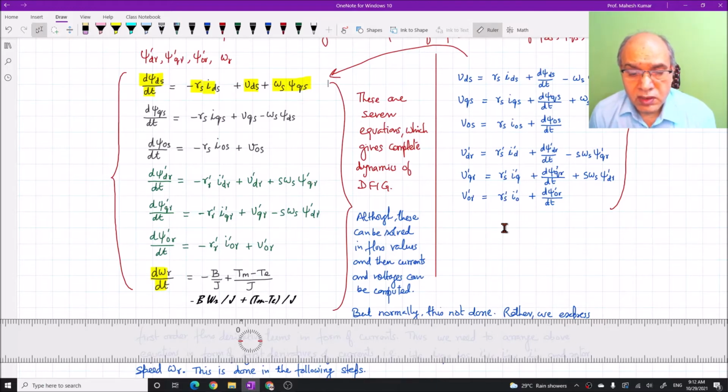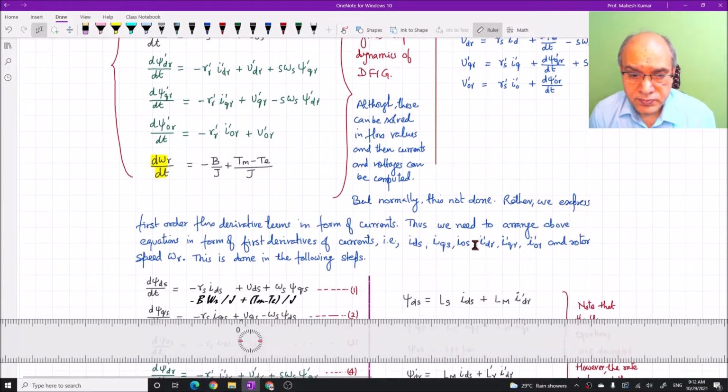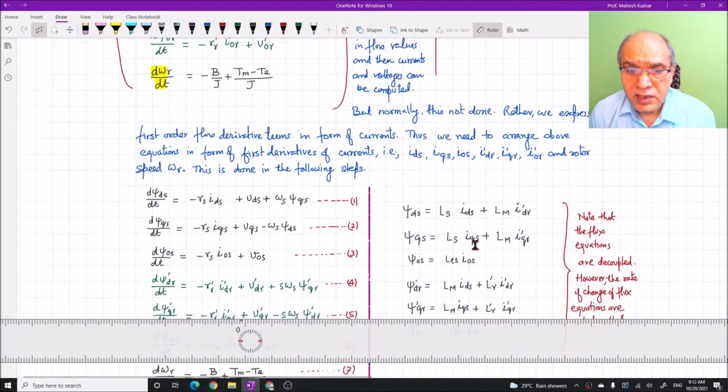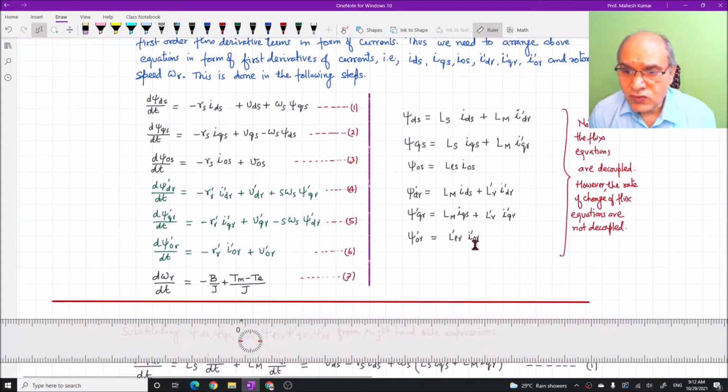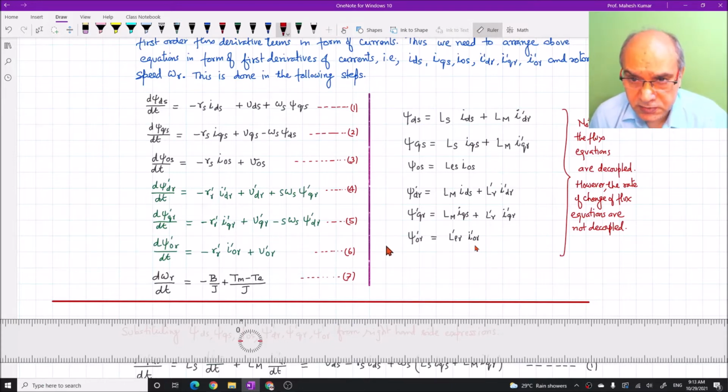So the first idea that comes to mind is that we need to express these quantities in terms of the currents, because flux and currents are directly related, and current relates more directly to the circuit. Fine. So we need to transform them into the current equations, or the state space model in the form of the currents.